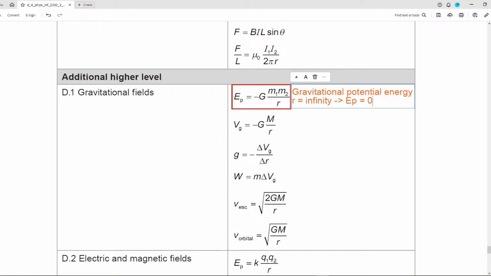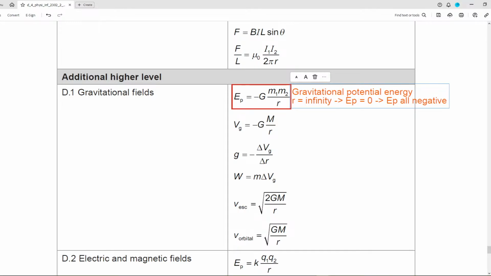As we get closer and closer to Earth, you actually get more and more kinetic energy, you lose EP. So if you're losing EP from 0, then you're getting a negative number. That is why it is negative. So therefore, EP values are all negative. That's very important.